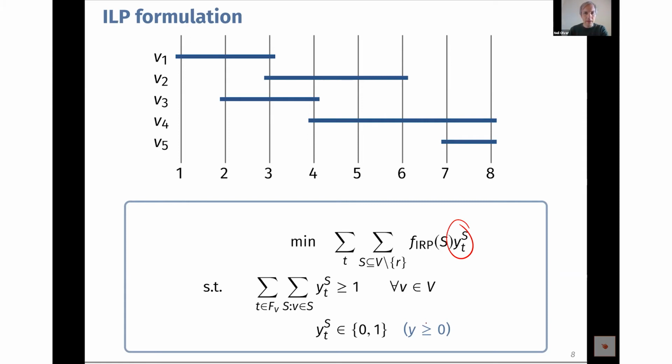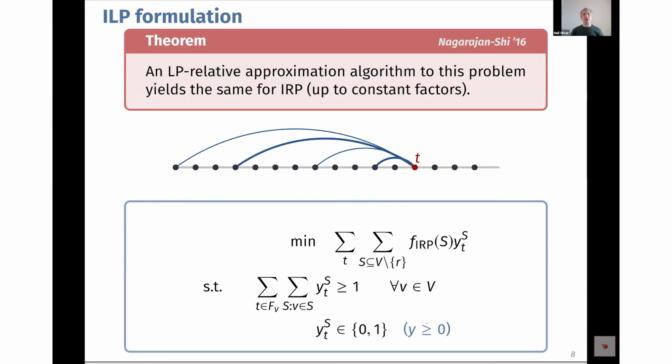So what is the relationship? Basically, if we can solve this interval problem, we can solve the IRP. This is by Nagarajan, Zhan, and Shi. As long as there's an LP-relative approximation algorithm for this interval problem, then we're good. I won't say too much about it, except that it's a filtering argument.